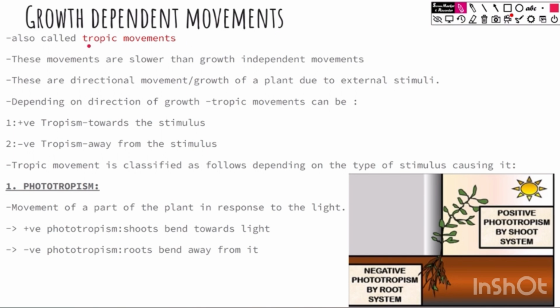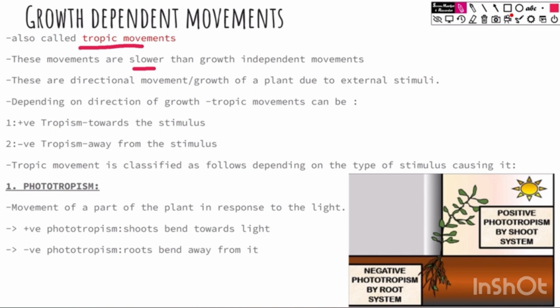They are also called tropic movements, and they are comparatively slower than growth independent movements. Growth independent movements occurred immediately: as soon as someone touched the touch me not plant, it immediately folded and drooped. But in growth dependent movements, slowly and steadily, as the plant is growing, the movements occur. They are not occurring immediately.